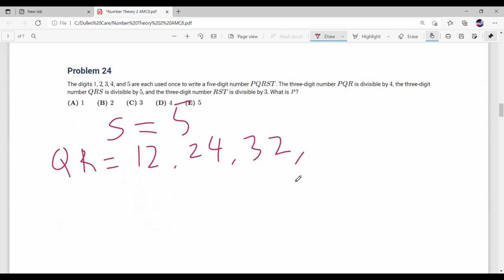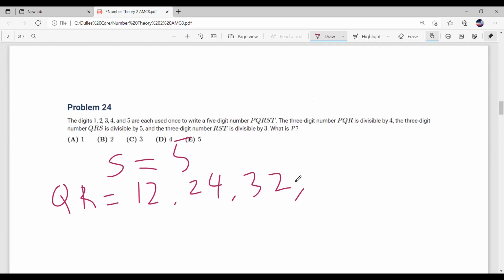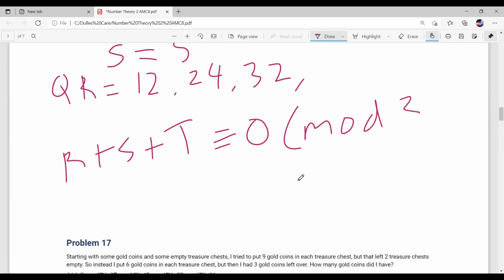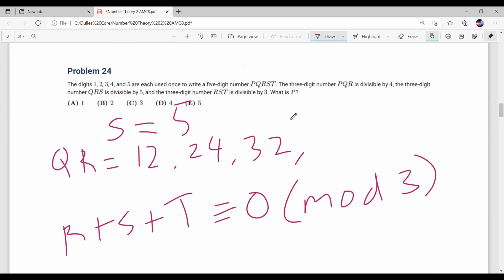So what about RST? In order for RST to be divisible by 3, R plus S plus T is divisible by 3, so it's equal to 0 mod 3. We know S is equal to 5, so we can rewrite S as 5.